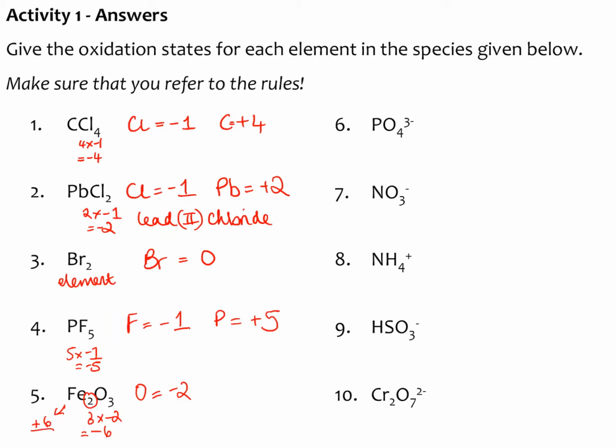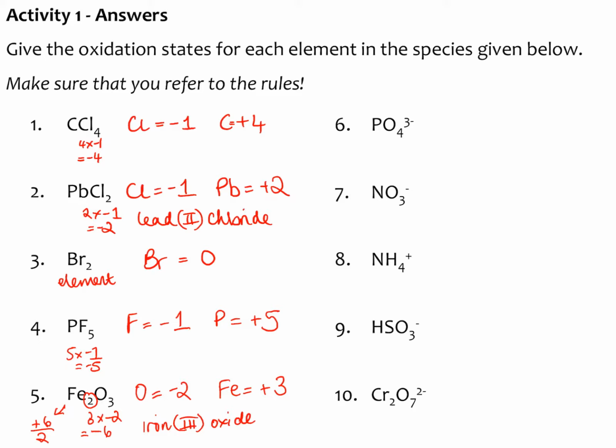But there are 2 irons, so that +6 charge is divided over the 2 irons. So iron's oxidation state is +3. That means that this is iron 3 oxide, because the oxidation state of iron is 3.